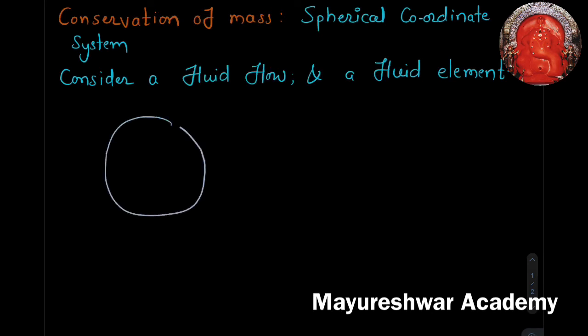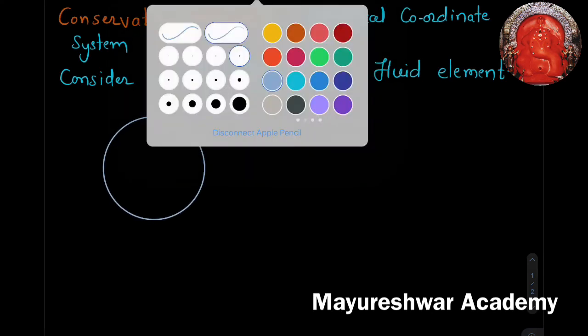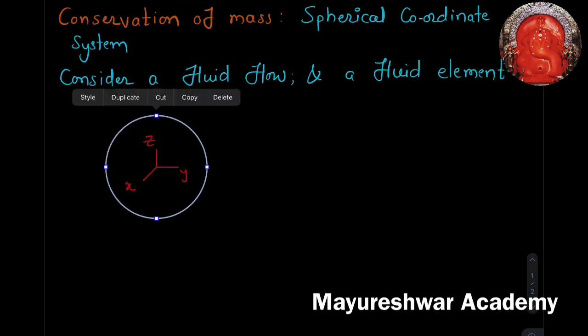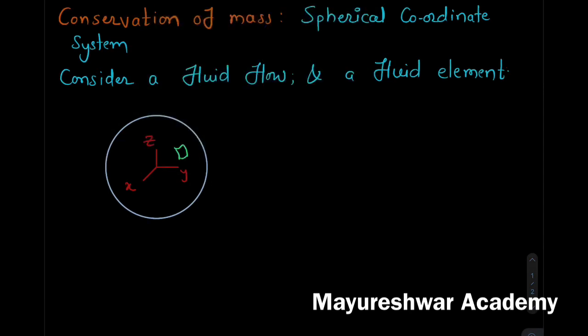So let us consider or assume this as a spherical conduit, and we are going to mark x, y, z, which are right hand coordinate systems. Consider a small differential fluid element onto this face.